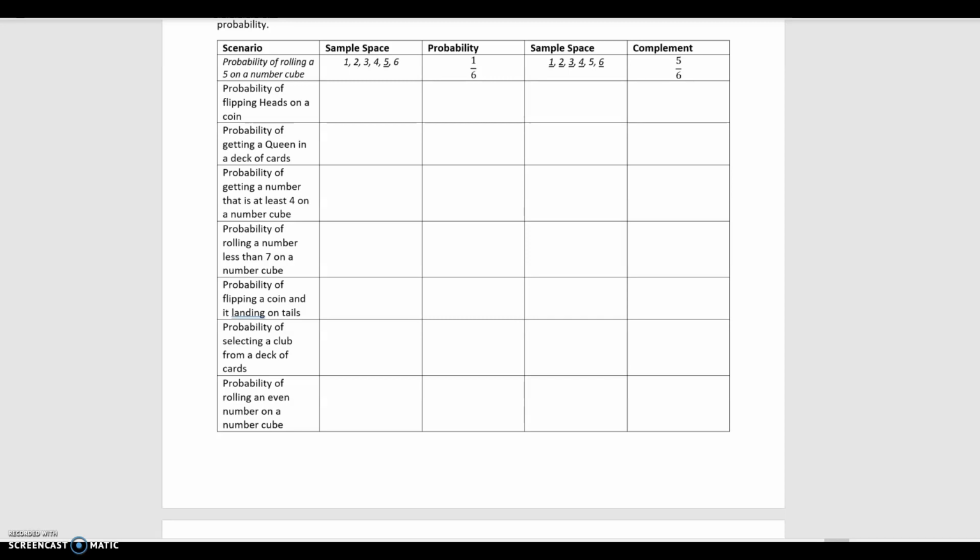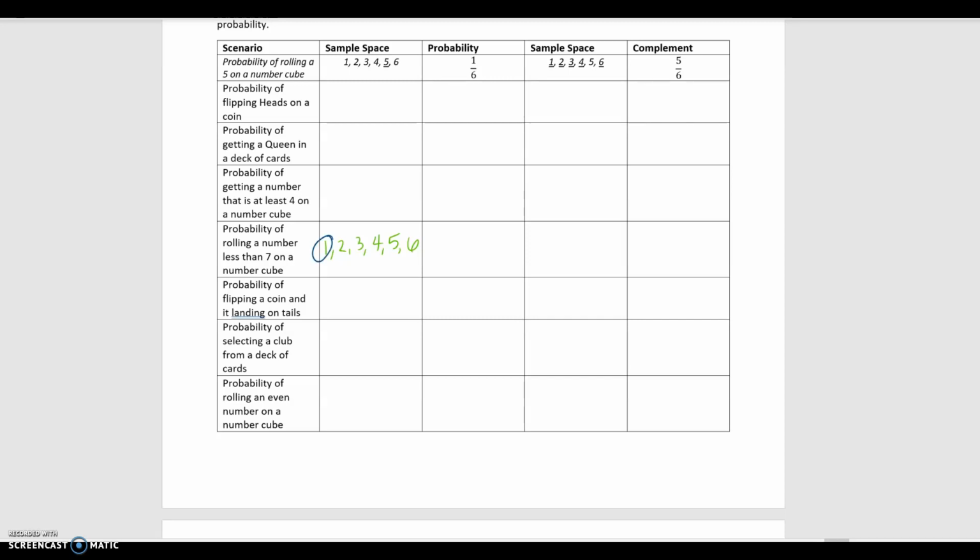Okay, so for probability, one of the ones we didn't do very often in class was this probability of landing on a number less than 7. So rolling a number cube. So always when I roll a number cube, I'm listing 1, 2, 3, 4, 5, and 6. Okay, a standard number cube has the numbers 1 through 6. So rolling a number less than 7.